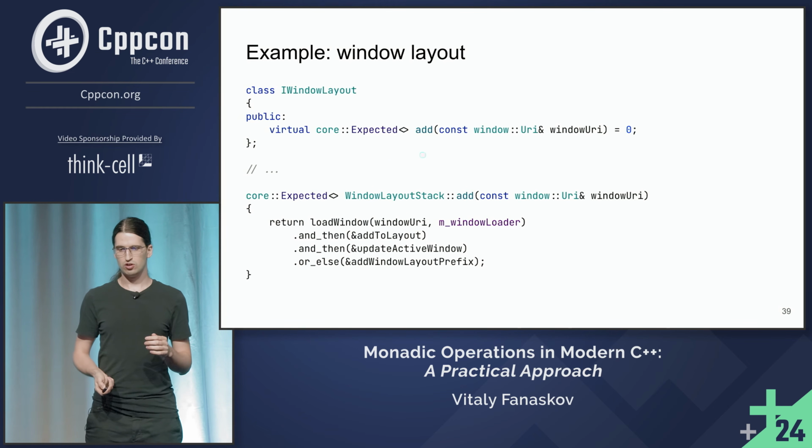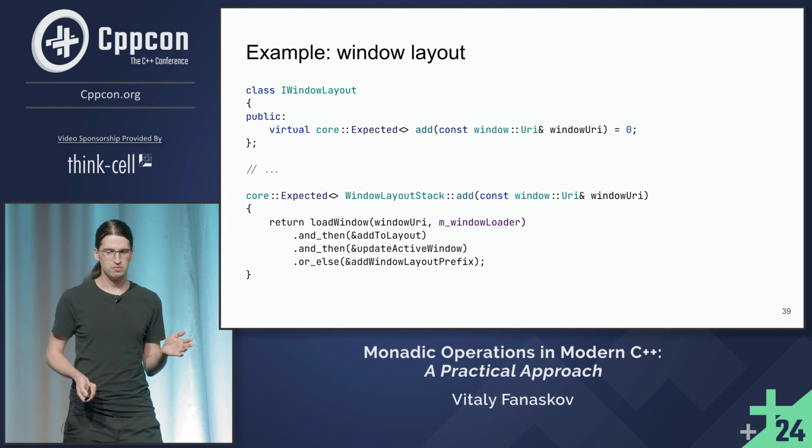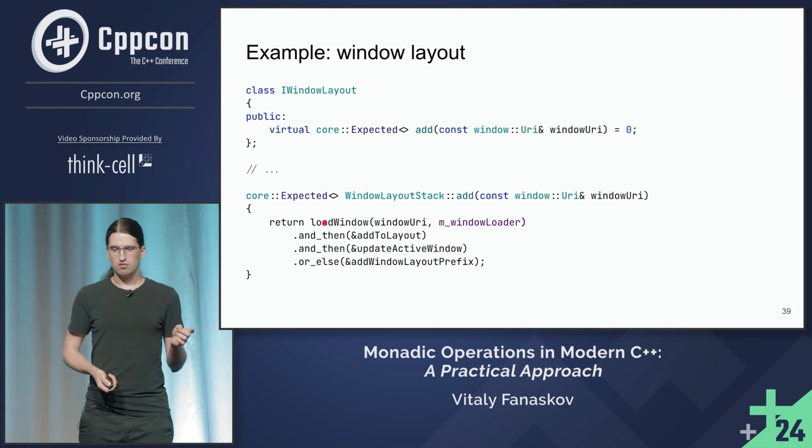And this is how a certain implementation of the windows stack layout can look. Again, the implementation is reduced and a little bit simplified. So what we do, we load a window from URI with some object for loading.